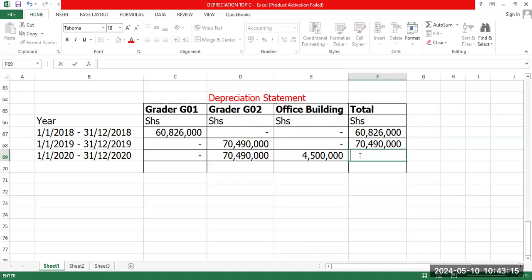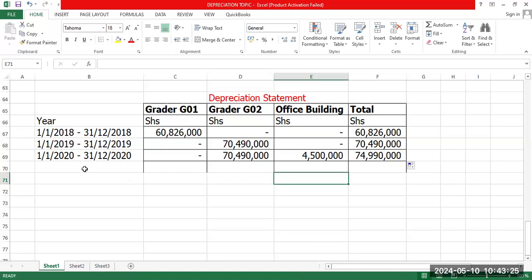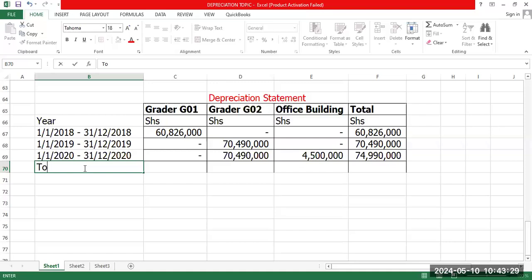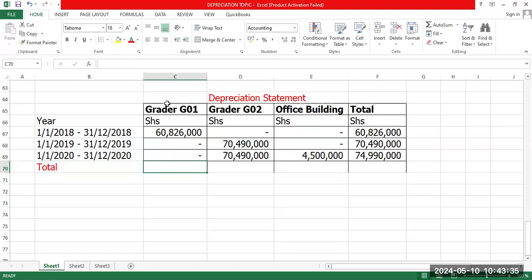Here you are going to get the total, get this plus this plus this. And the answer is what? 74,990 million. Perfect. Also get total here. This total is going to help us somewhere. Now you're looking for total for each asset.